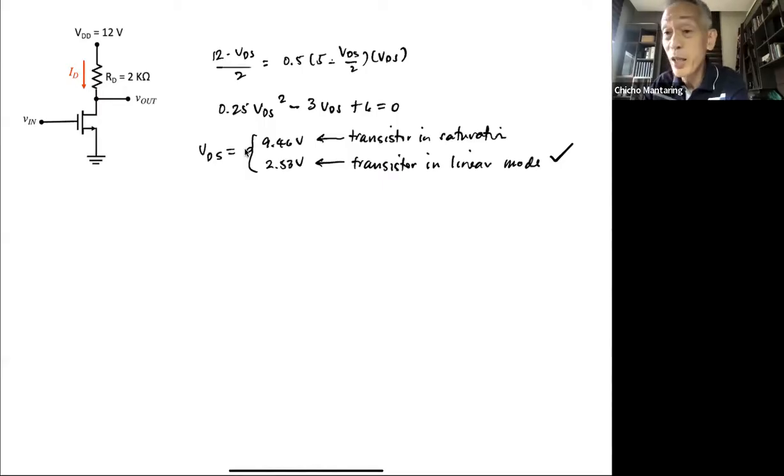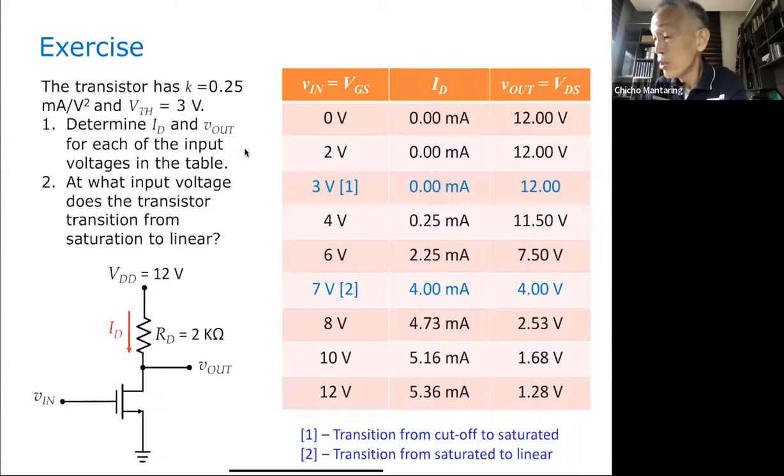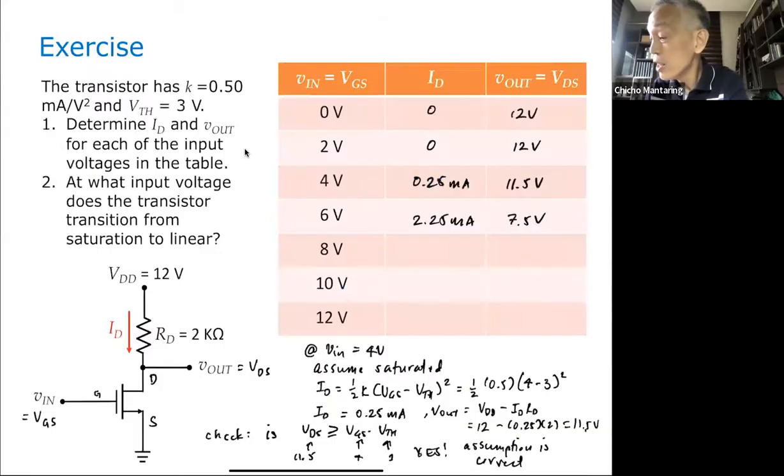That's why we ended up using the linear equation. So when I got my two solutions, I can eliminate this one. This is wrong, and this is correct. So VDS is equal to 2.53 volts.